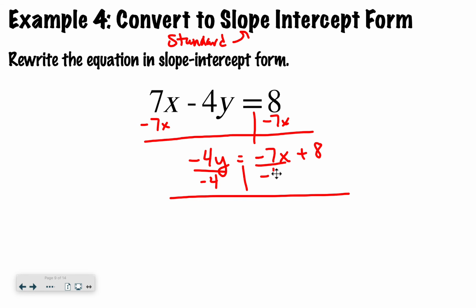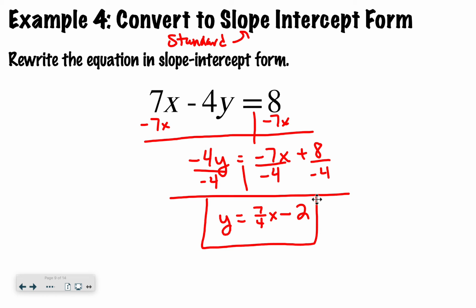So I have to divide everything by a negative 4. So I have y equals negative divided by negative is actually a positive 7/4 x. And then positive divided by negative is negative, 8 divided by 4 is 2. So that would be how I get to my slope-intercept form from standard form. I just solve for y, okay?